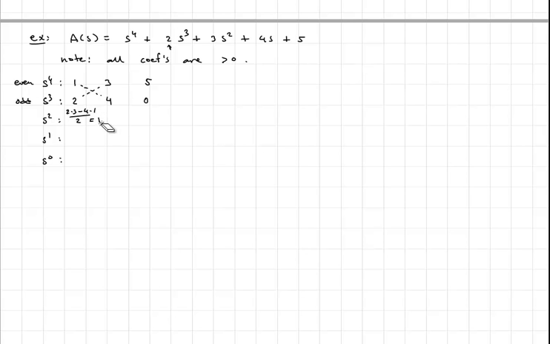Then our second term is going to be 2 times 5 minus 0 times 1, all divided by 2. So that gives us 5. And we don't have a term out here because it would be 0.